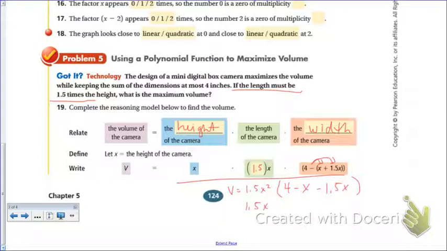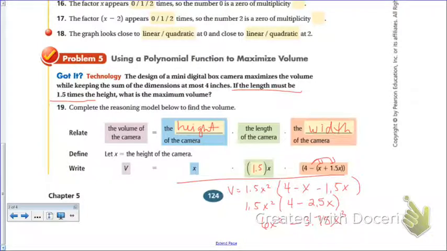So that's 1.5x squared times 4 minus 2.5x, and I'm going to distribute that. So I get 1.5x squared times 4, that's going to be 6x squared, minus 1.5 times 2.5 is 3.75x cubed.